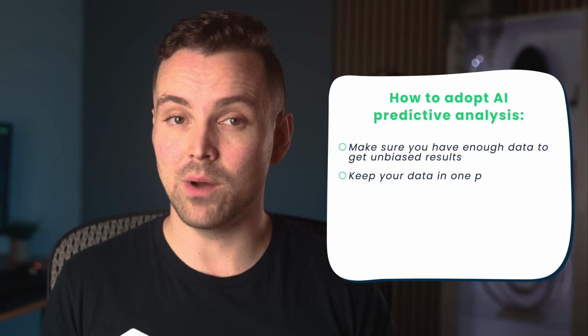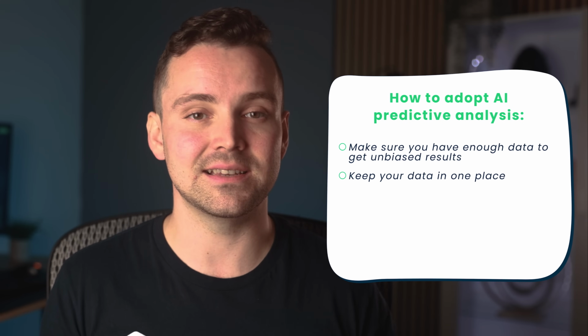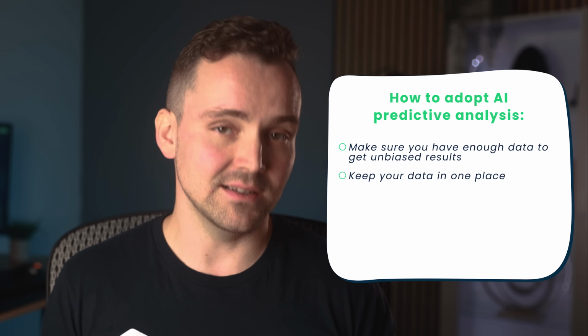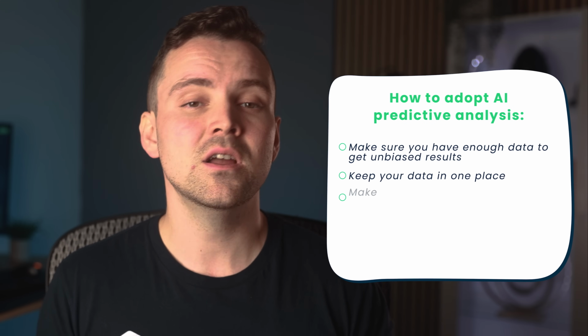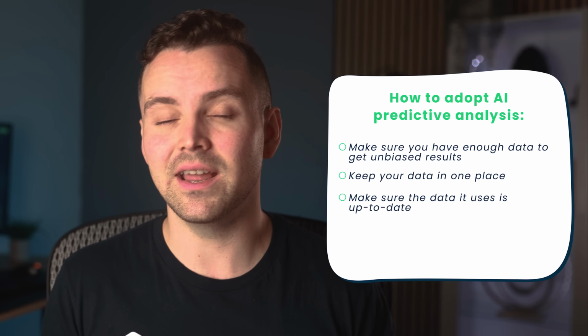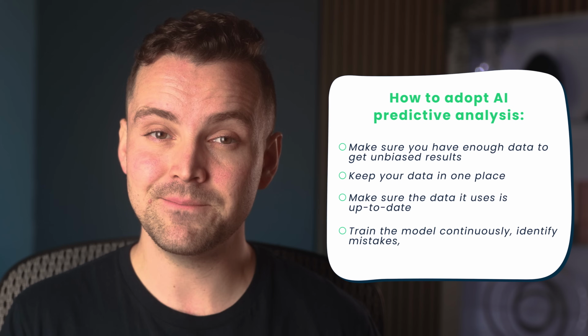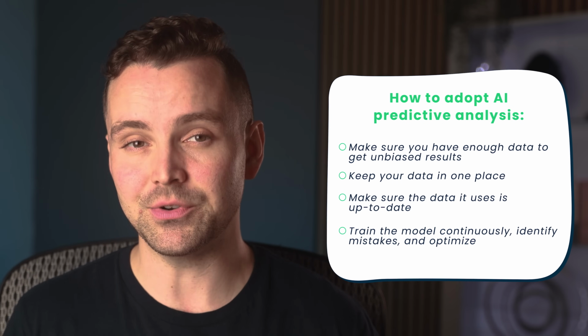Try to have your data in one place so it's easier to analyze and make predictions. Fragmented data is likely to lead to inaccurate predictions. Speaking of data, make sure the data it uses is up to date. Train the model continuously, identify mistakes, and optimize.